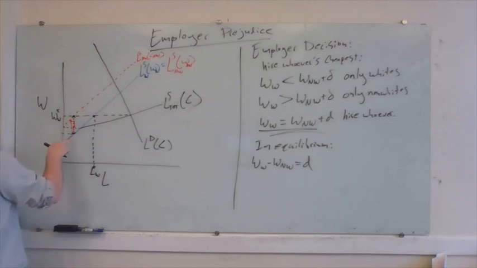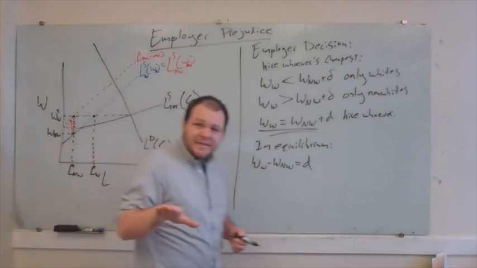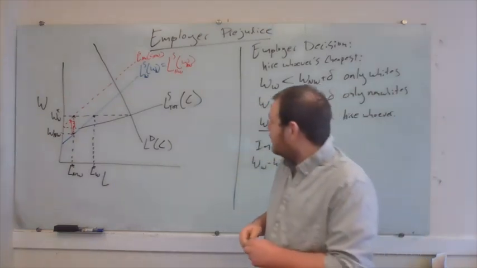They're going to receive a lower wage that's lower by this discrimination coefficient. So we've got a wage non-white given by wage white minus D, and we'll have employment rate that's also lower. This makes sense? Great.